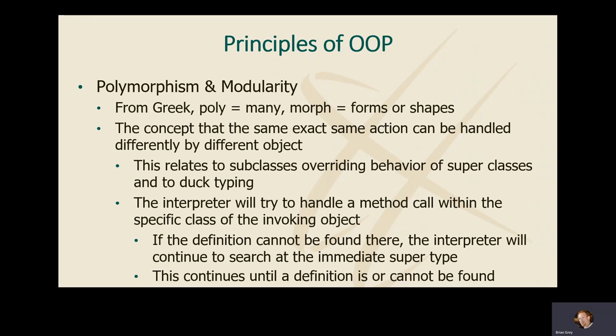This attaches itself to the concept of modularity because it's allowing you to write code that is separate, right? Okay, I don't have to worry about what the get speed or the get weight or the move or the damage methods do. I can let that object handle it specifically, and it'll know very specifically how to handle it. And I can allow more specific versions to handle it more specifically.